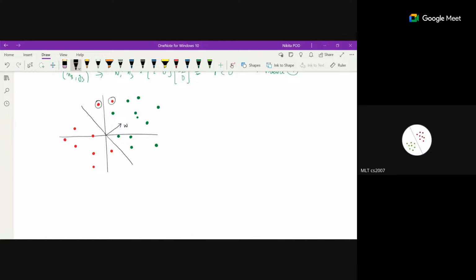Ma'am, this data set is not linearly separable. Okay. Yeah, maybe, I need to move it a little.